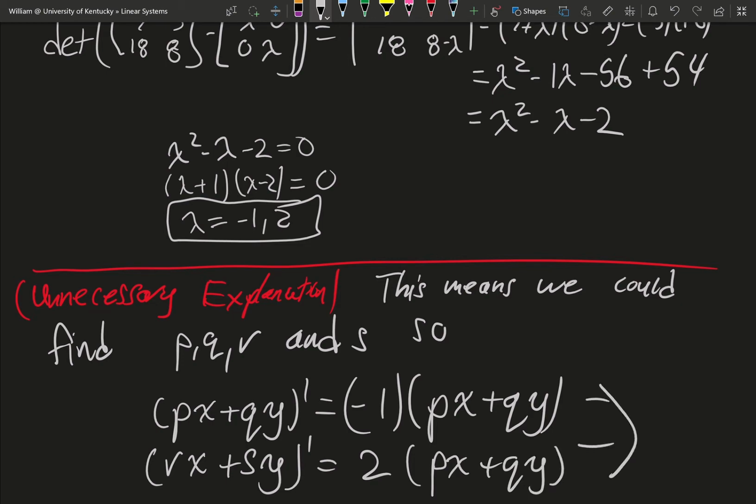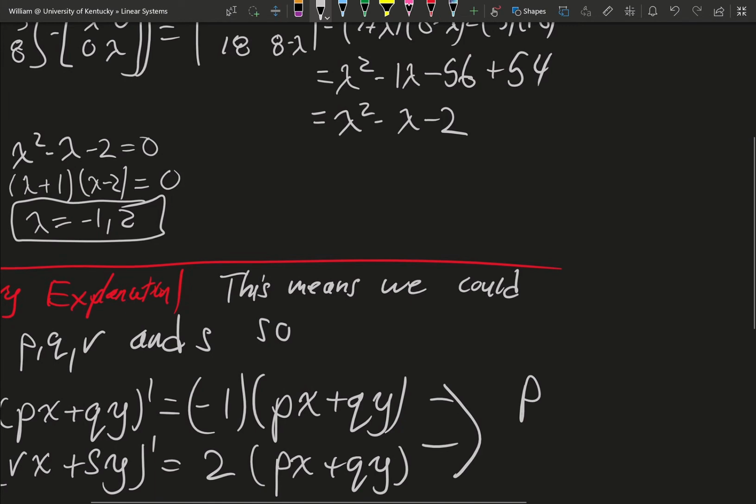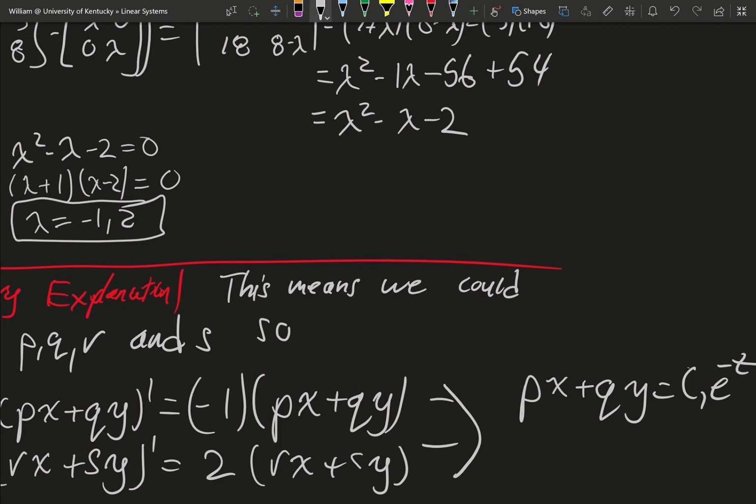And what this would tell us is, if I take the derivative of this, I get negative what I started with. That means that this thing is some constant times e to the negative t. And similarly, since I take the derivative and get 2 times what I started with, that means, oops, that should not be pq, that should be rs, I get some constant times e to the 2t.